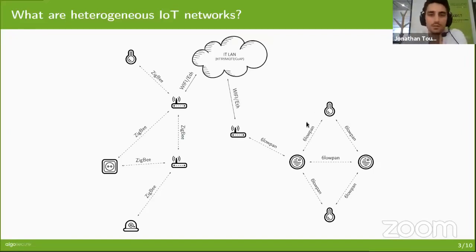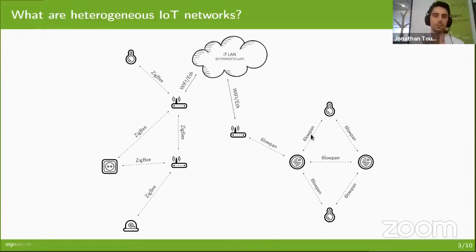Just as for the ZigBee network, I buy some devices compatible with 6LoWPAN and deploy them in my network. I connect the hub of the 6LoWPAN network to my private network, and I can use smartphone applications or web applications to manage and handle the 6LoWPAN network.